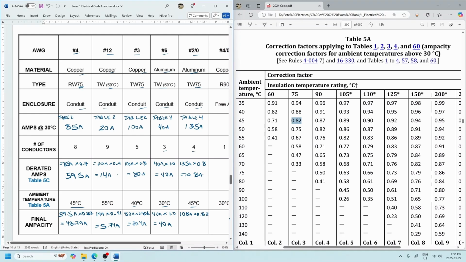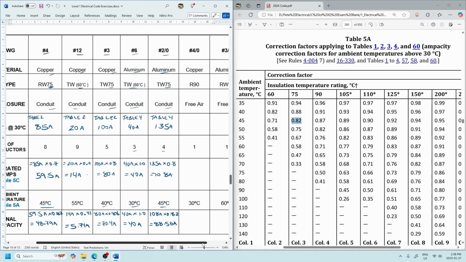If I take the 108 and multiply it by 0.82, it gives me a value of 88.56 amps for my maximum ampacity for the 2-aught aluminum TW75s run in conduit. 4 of those conductors reduced our ampacity from 135 down to 108, and then the 45-degree ambient temperature reduces it down to only 88.56 for each of those conductors.